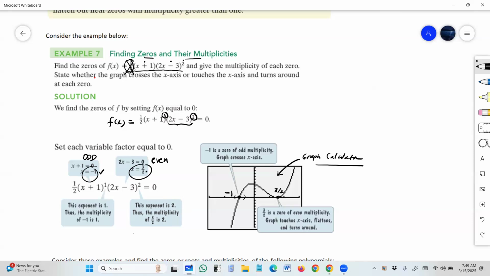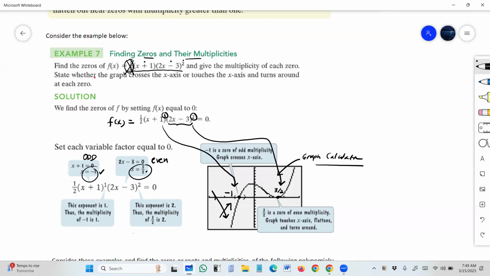In the case of the odd multiplicity, as we said before, the graph is going to cross the x-axis, either from negative to positive, which is in this case, or positive to negative. And it did. The calculator shows that the function is crossing the root. In the case of the even multiplicity, the graph is going to bounce back in the same direction.